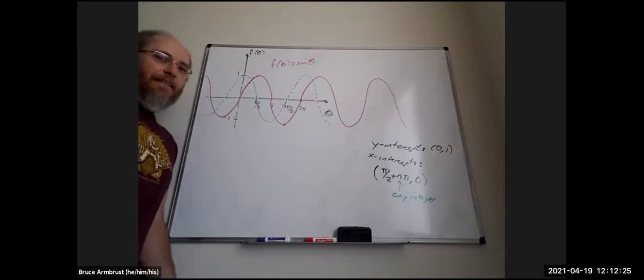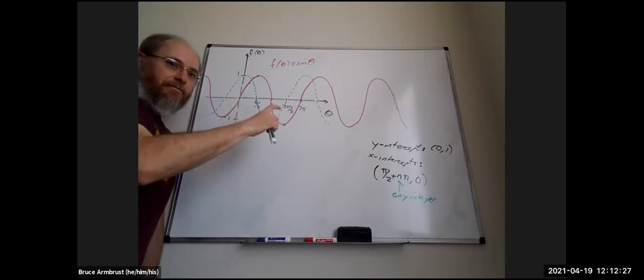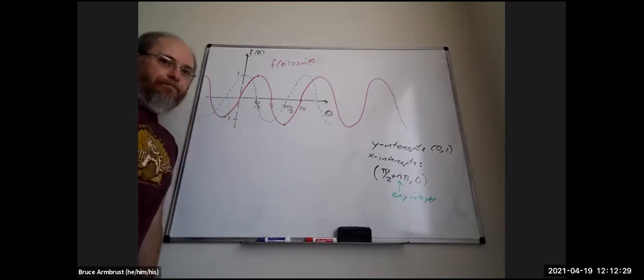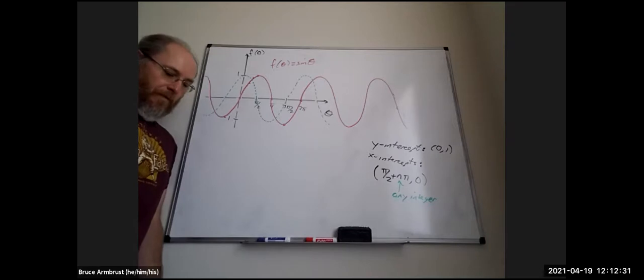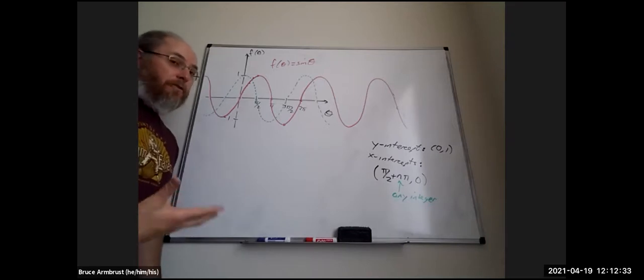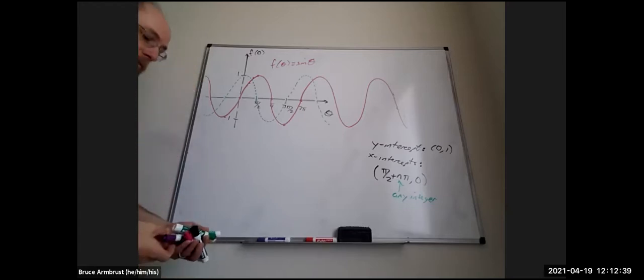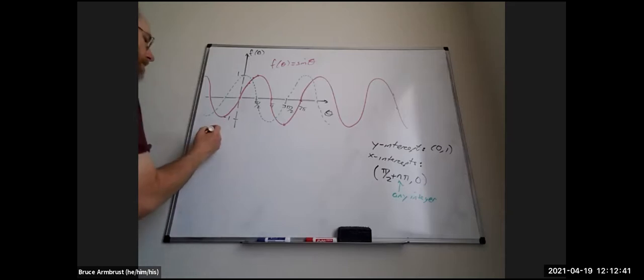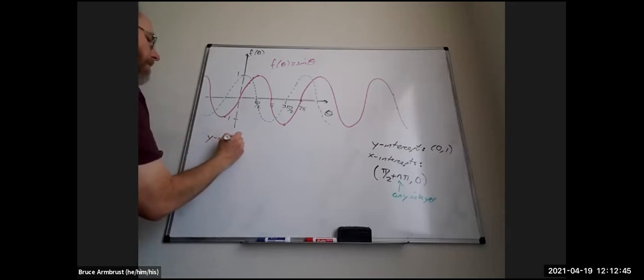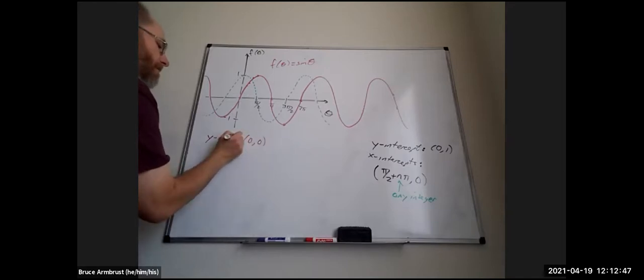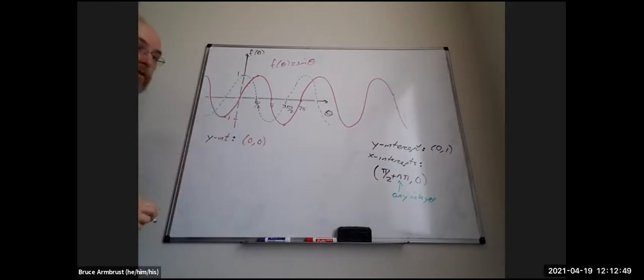Notice that it's exactly the same picture, just shifted. So if you know the graph of cosine, you know the graph of sine. You just have to start it in a different place, because now when we talk about the intercepts, the y-intercept is the origin. We're going through the origin now instead of starting up at 0, 1.